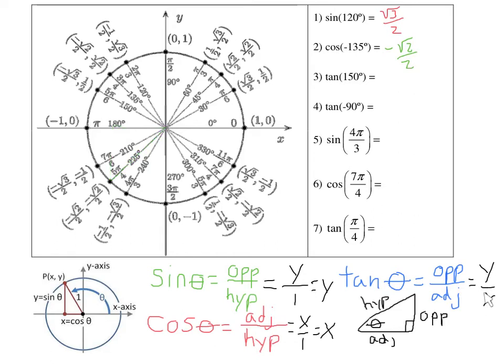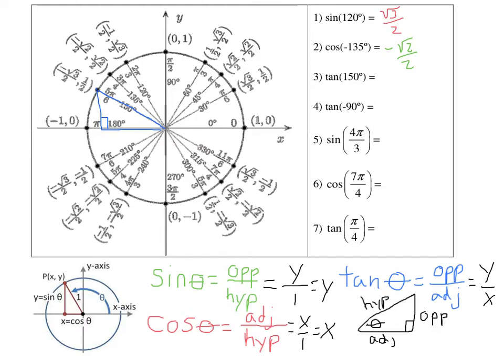Tangent is y over x. So tangent 150, first thing we've got to do is find 150. Do you see it right here? And we make the right triangle. Can you tell that's a 30, 60, 90?